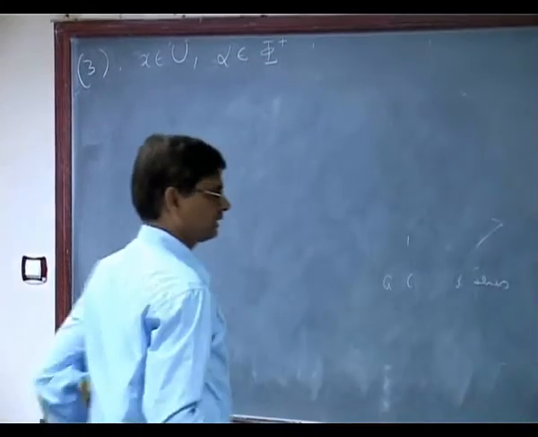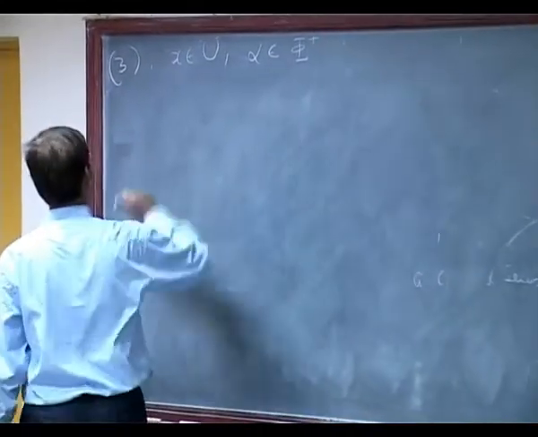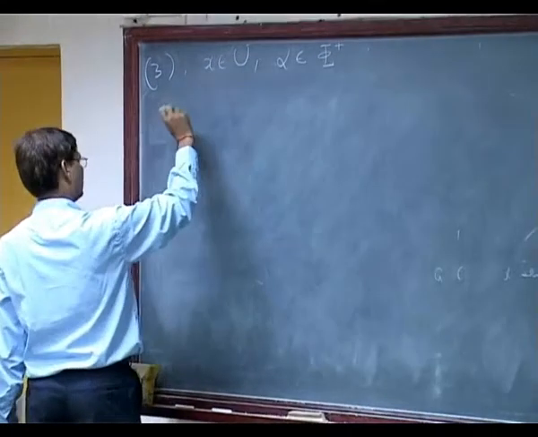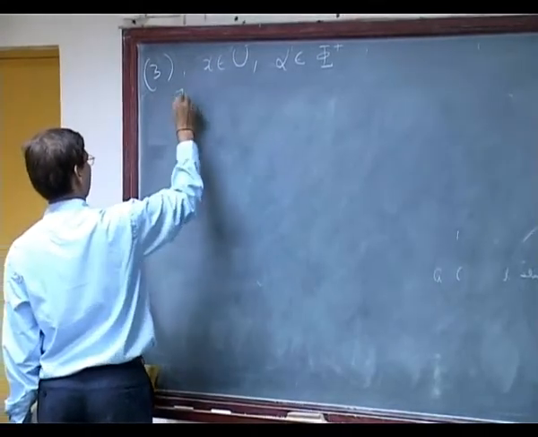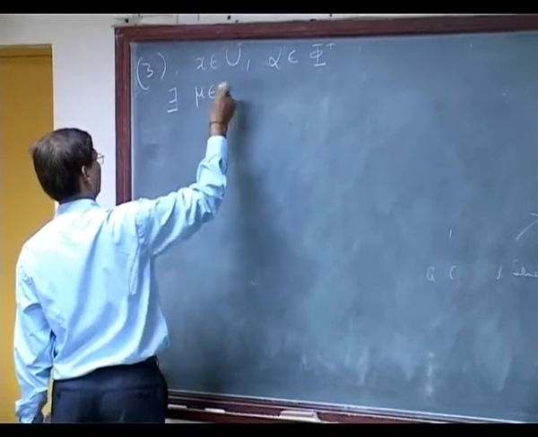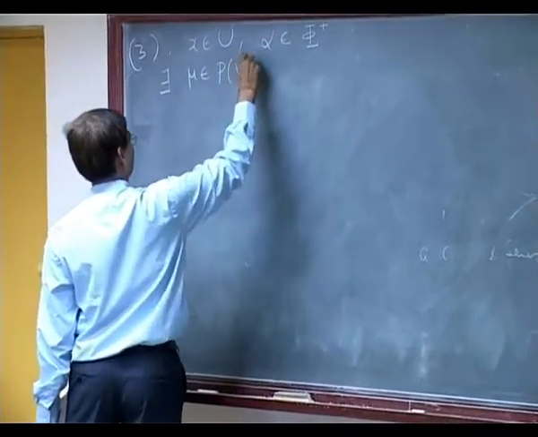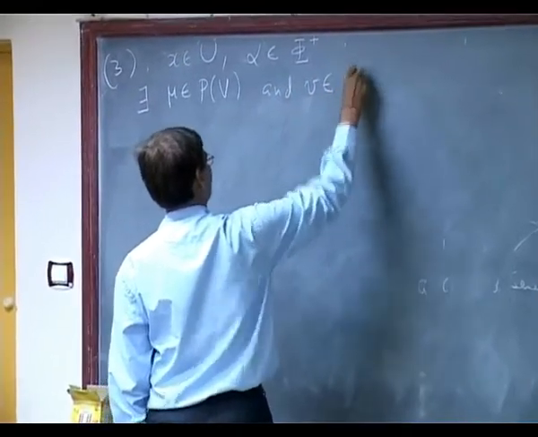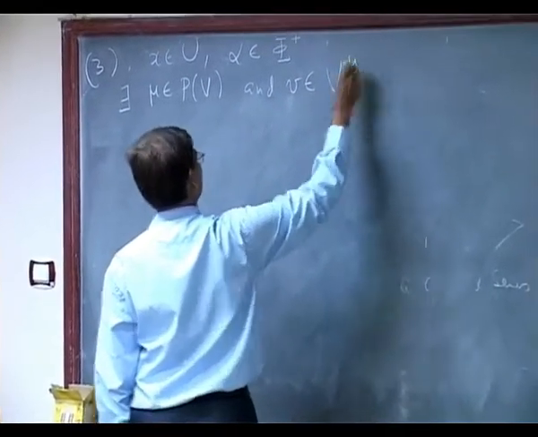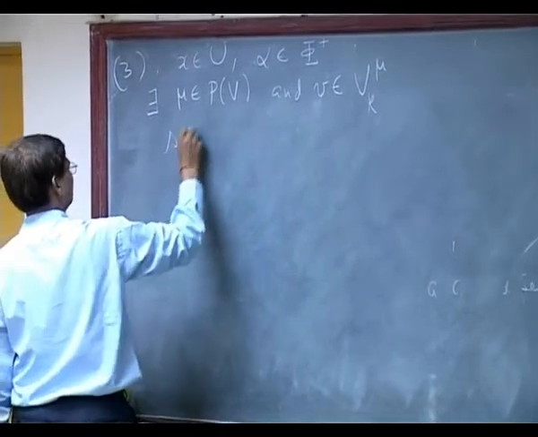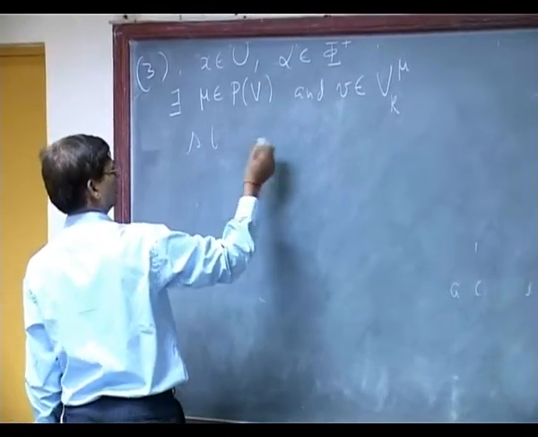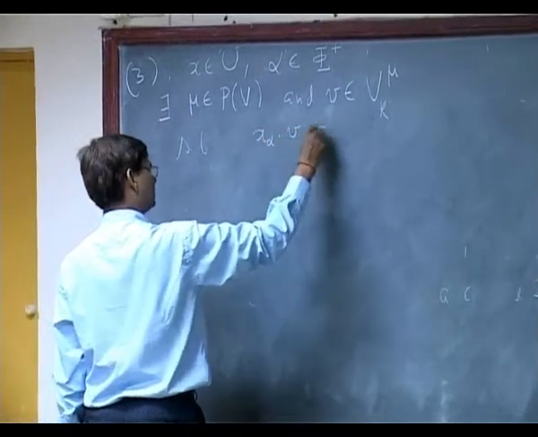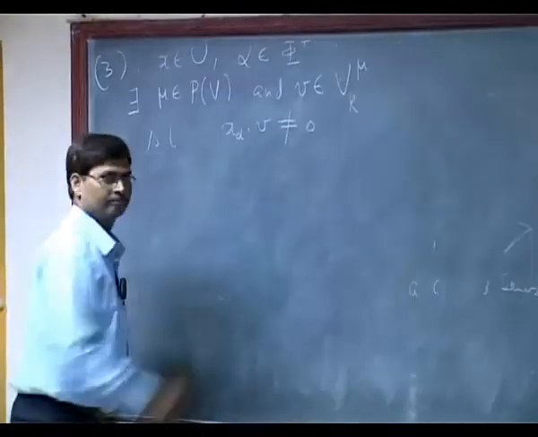Since the representation is faithful, since V is faithful, there exists some mu in P(V) and some vector v inside V_mu such that x_alpha . v is non-zero, right?